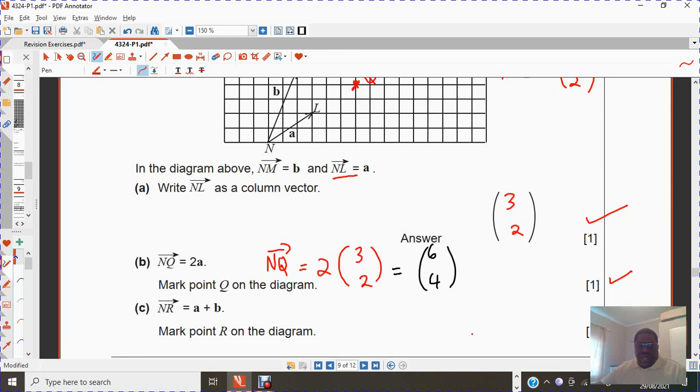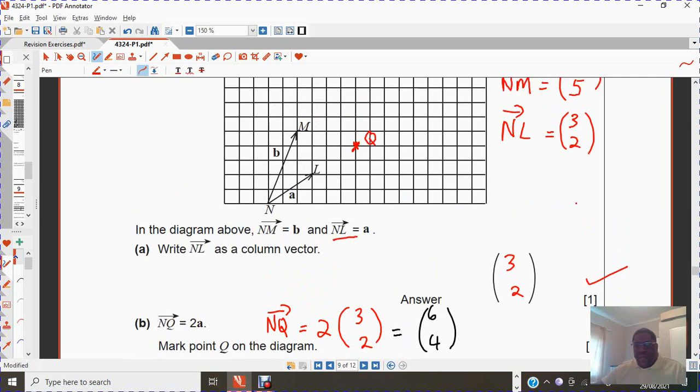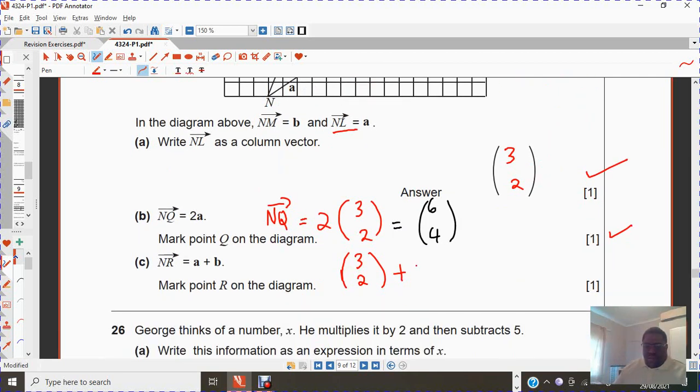Then they are saying NR is A plus B. Now we know what A is. A is NL. So A is nothing but 3, 2. And we know what B is. B is NM, and NM I calculated as 2, 5. Right. So what you do is you simply add the x components together as well as the y components together.